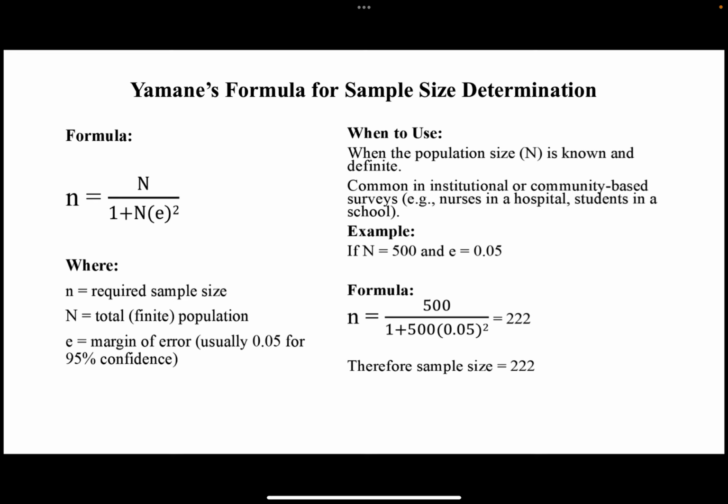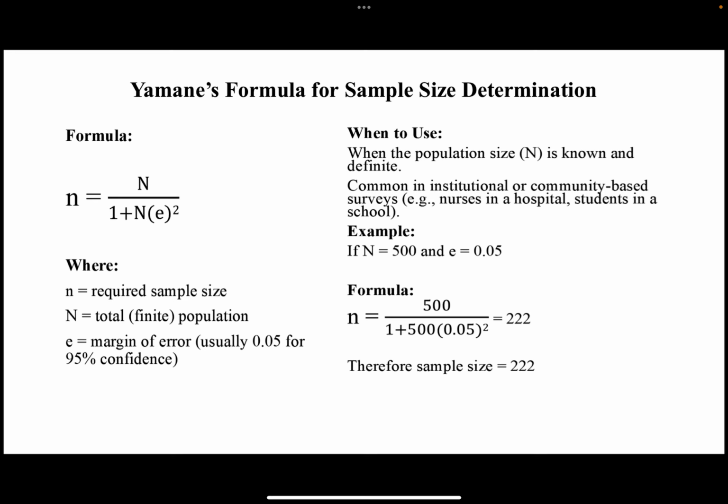The best formula to use is the YAMANE formula. But that is not the only condition. When we move on, I will give you several other conditions you have to consider. So you consider using YAMANE'S formula when the population size is known and fixed.